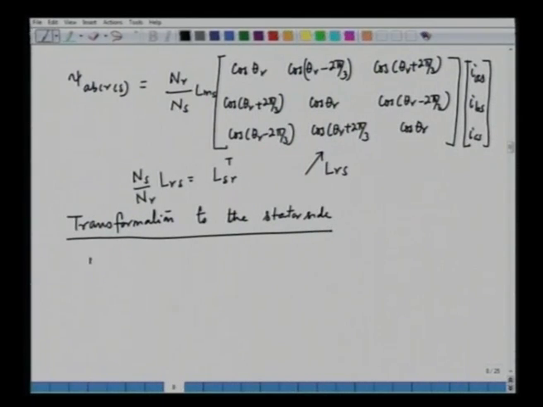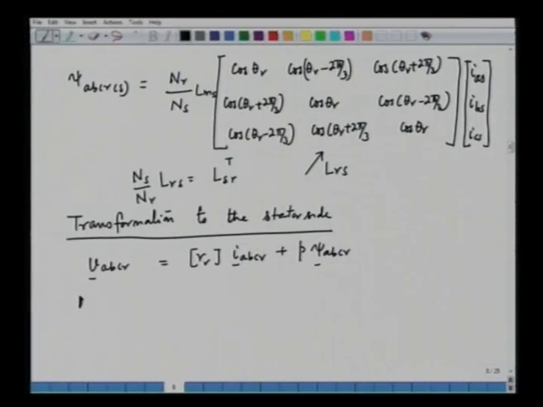So we know we have the equation here, VABCR is equal to RR IABCR plus P psi ABCR. Now we can transform this equation to the stator side. Now how do we transform? We can transform this by multiplying a suitable ratio of number of turns.